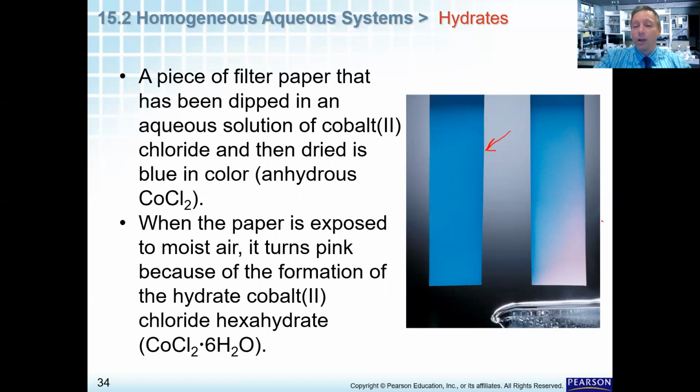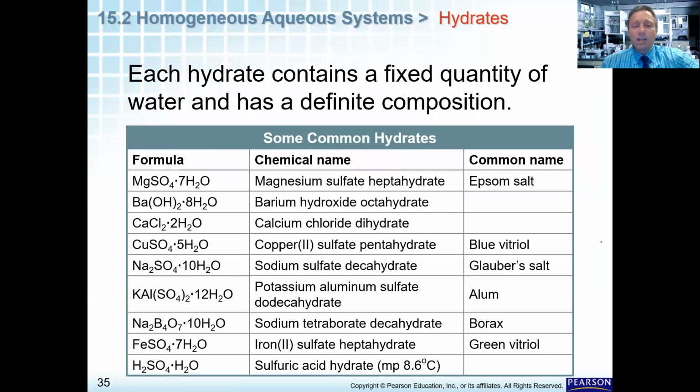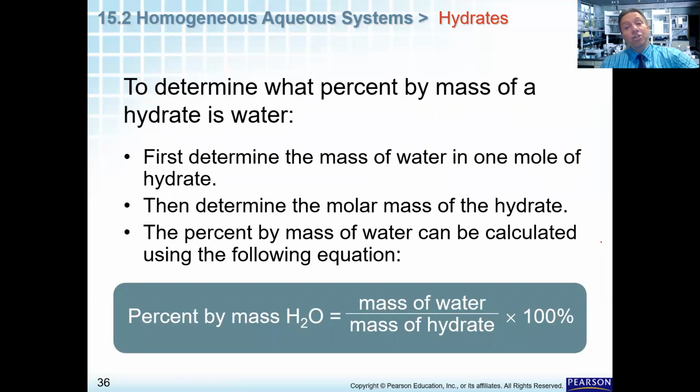It turns pink right away because now it is picking up the water out of the air that's around us, and it becomes cobalt 2 chloride hexahydrate. Here is a bunch of names. You don't have to worry about memorizing them. It's not important that you know all these. Just understanding that these are hydrates, meaning that they have a specific amount of water in their bonds. So you could actually determine the percent composition of water.